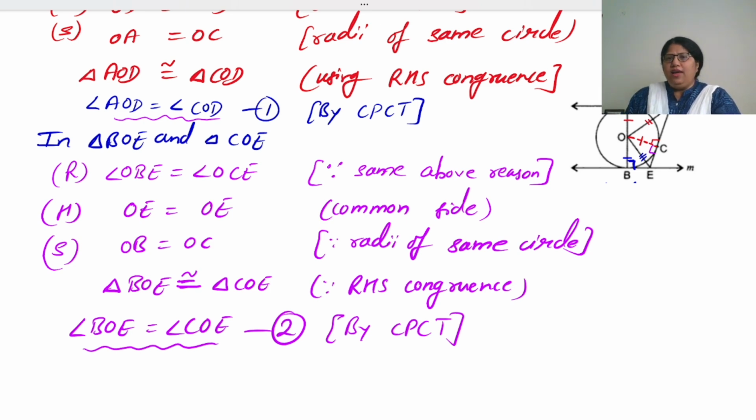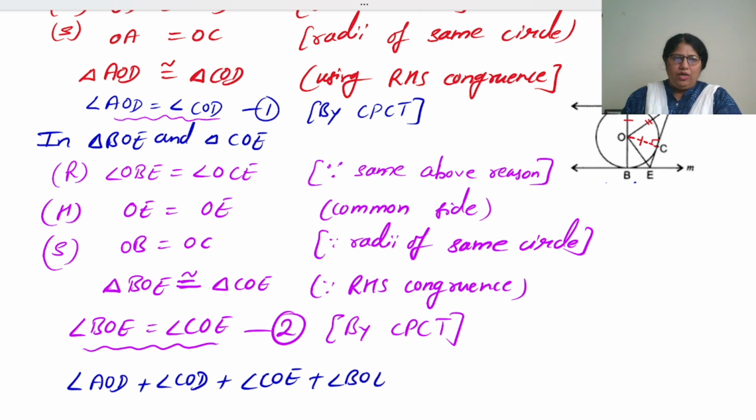So first, can I take the sum of all these four angles, right? So let me erase it so it will be clearly visible. This one we have used to prove the congruency. So can I write down here angle AOD plus angle COD plus angle COE plus angle BOE is equal to 180 degrees, because angles on a straight line sum up to 180 degrees here, right?